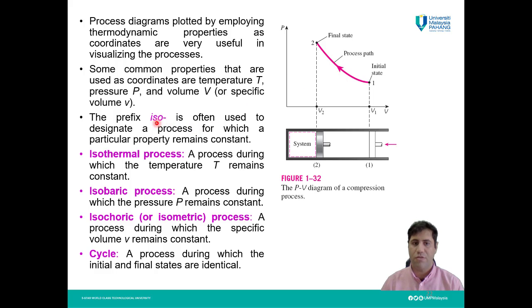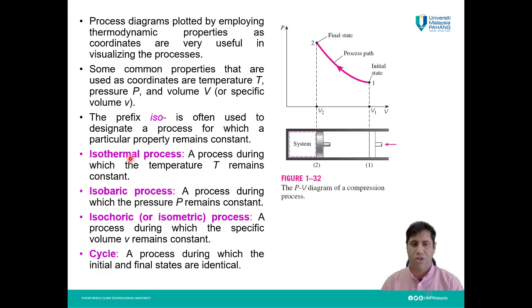So we use iso before the process name when a process is one during which a particular property remains constant. For example, an isothermal process is a process during which the temperature T remains constant. An isobaric process means the process during which the pressure remains constant. An isochoric or isometric process is a process during which the specific volume remains constant.